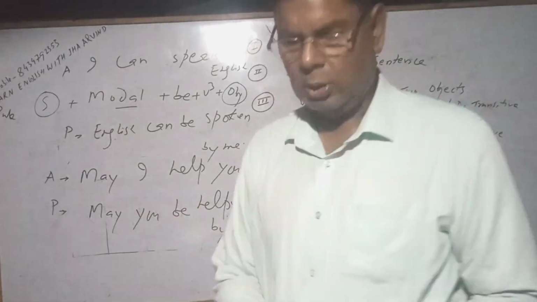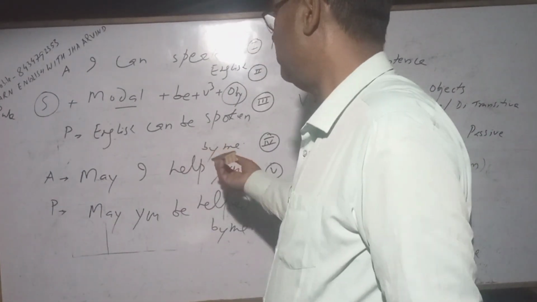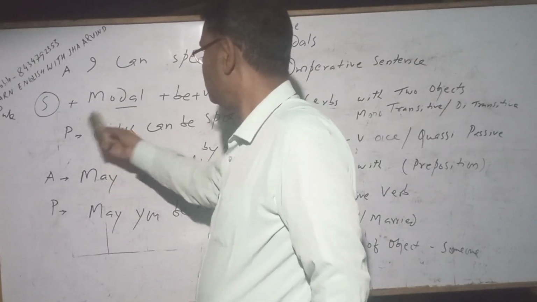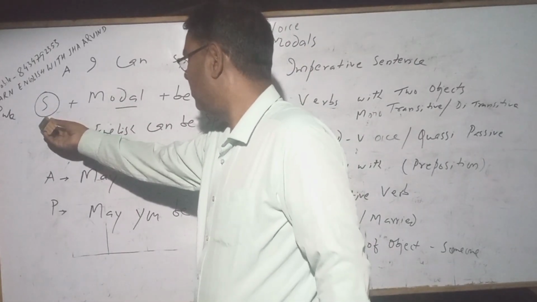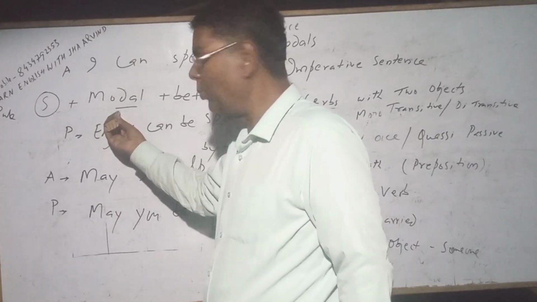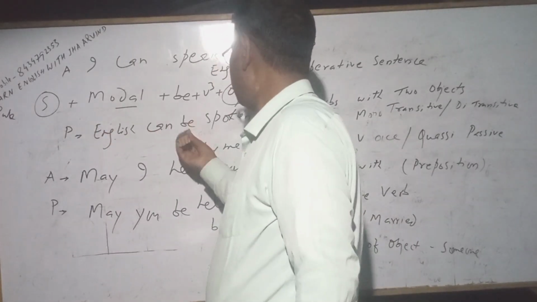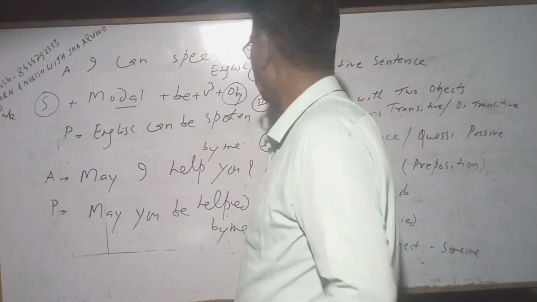These are the rules of modals. In negative sentences you can use it, in interrogative you can use it. Follow this rule. If the modal is in the middle of the sentence, object will come in the place of subject. Don't change the form of the modal. Whatever it is, it will be the same. Use be, V3, by, and subject will come in the place of object.